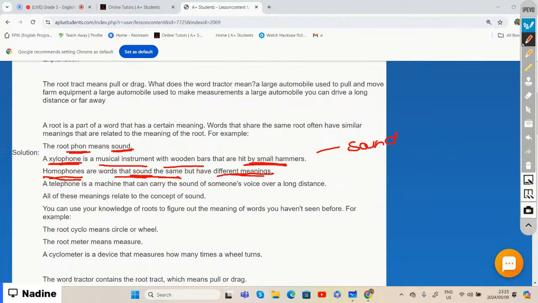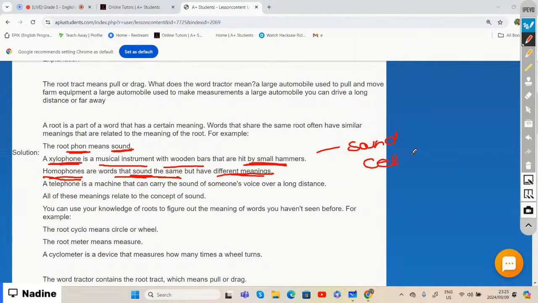Right? And if we look at examples of homophones, let me just think of a homophone, words that sound the same but have different meanings. Think of the word cell.